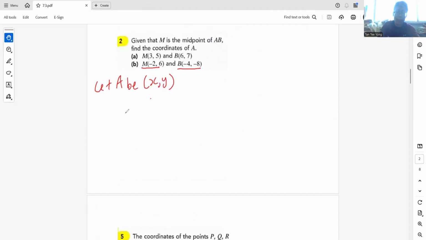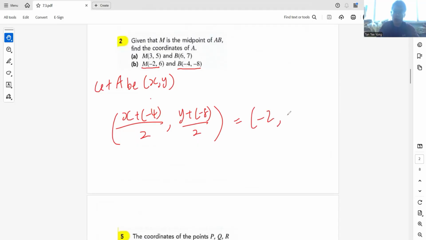That means we have ((x plus negative 4) over 2, (y plus negative 8) over 2) equals (negative 2, 6), because (negative 2, 6) is the midpoint.